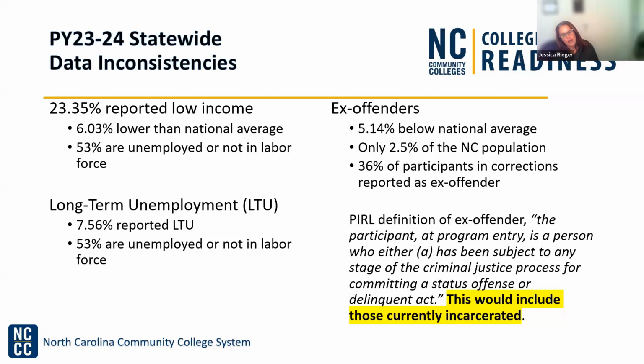At minimum, however many folks we report to be in a correctional setting, you should have at least that many people that are also coded as ex-offender, because it should be someone who has been subject to any stage of the criminal justice process for committing a status offense or delinquent act. So even though someone is currently incarcerated, they still get that ex-offender tag on their data in ADVANSYS for our federal reporting.